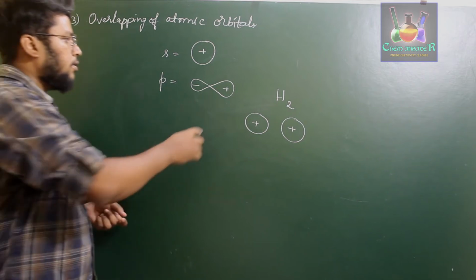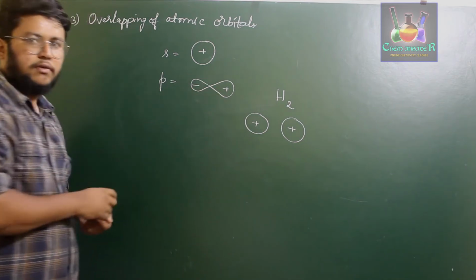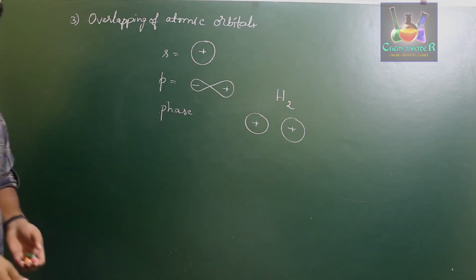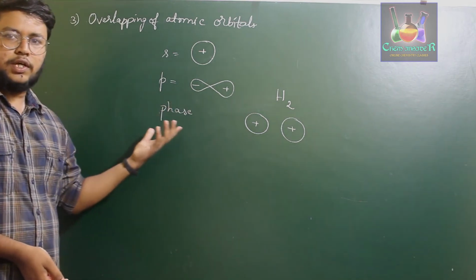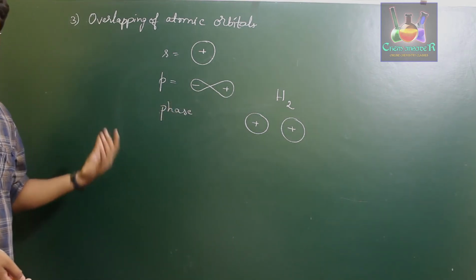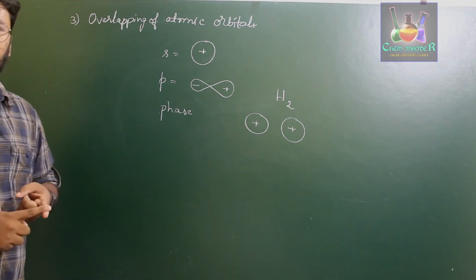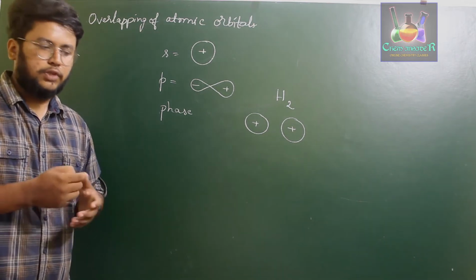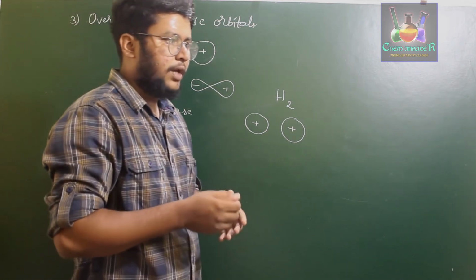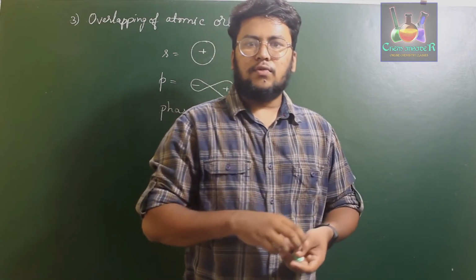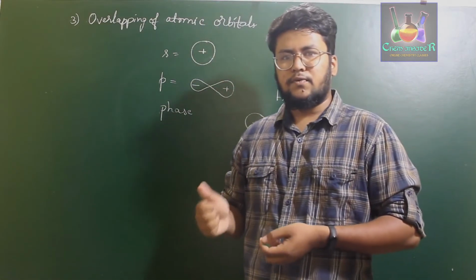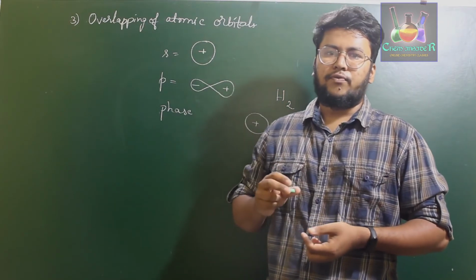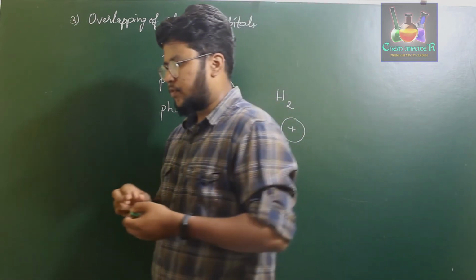Depending upon the positive or negative sign, which we call phases, also called in phase or out of phase, and the direction of the atomic orbital, we can clearly relate the overlapping of atomic orbitals. While atomic orbitals overlap, there are 3 cases: in phase overlapping, out of phase overlapping, and zero phase overlapping. So we have 3 types of overlapping.